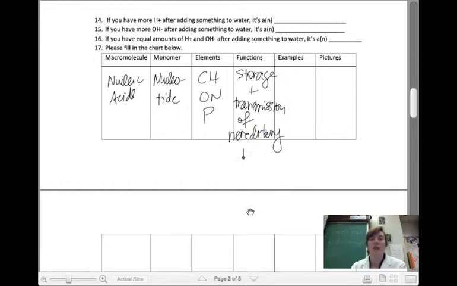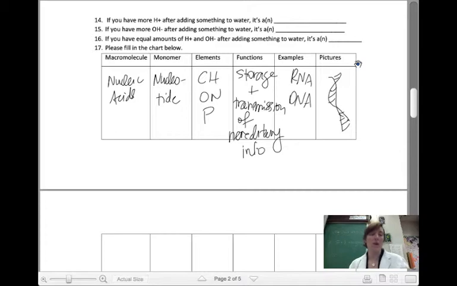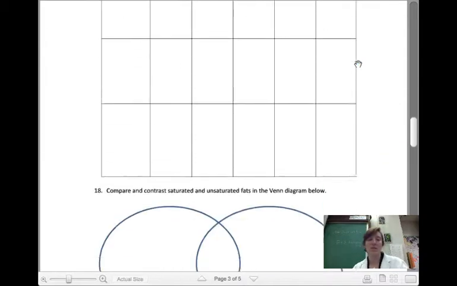So moving genes around. Examples, we have RNA and DNA. And a good example of a picture is if we drew our DNA here as a double helix. All right, so now we've covered our macromolecules. Let's get into a little bit more specifics.